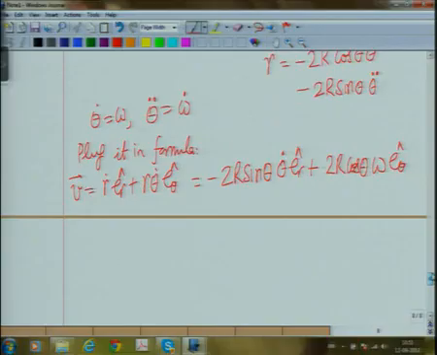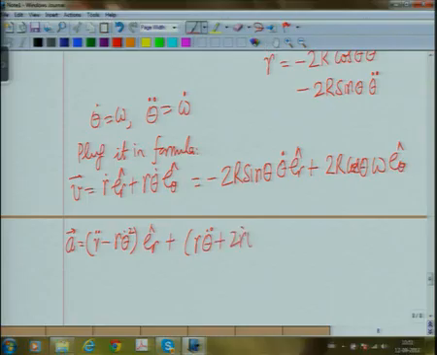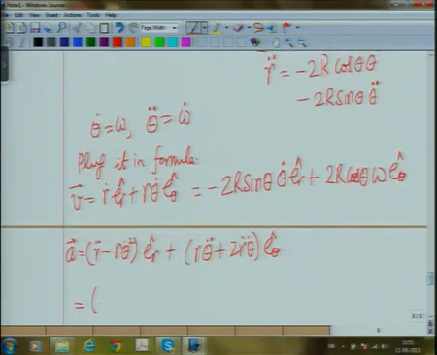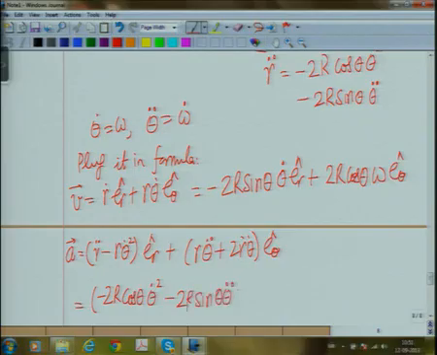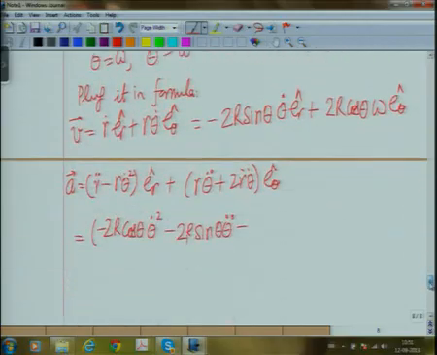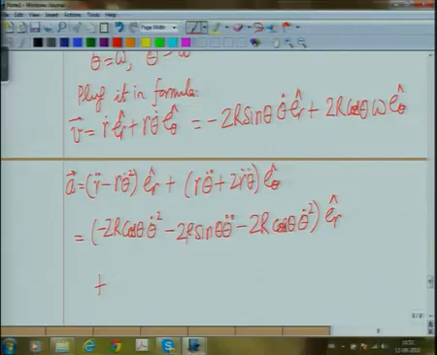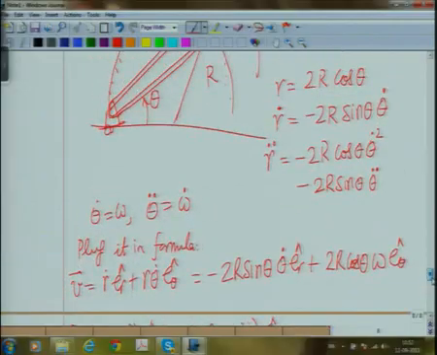To get the acceleration I will just put in the formula again, r double dot minus r theta dot square er plus the theta component, where r is 2r cos theta and r dot is minus 2r sin theta.